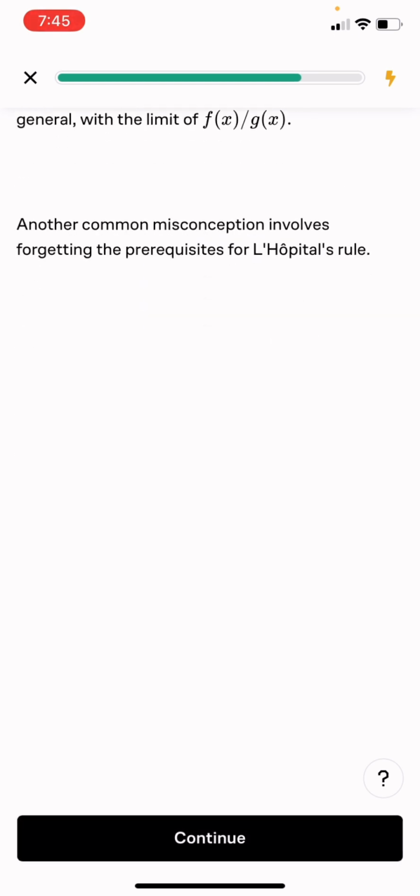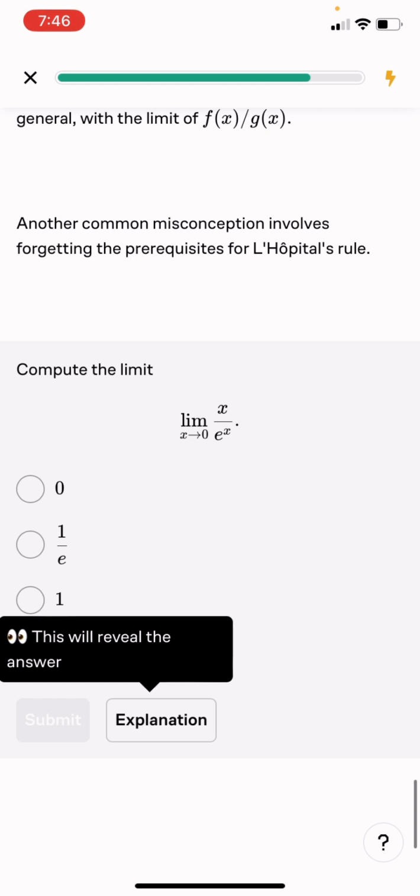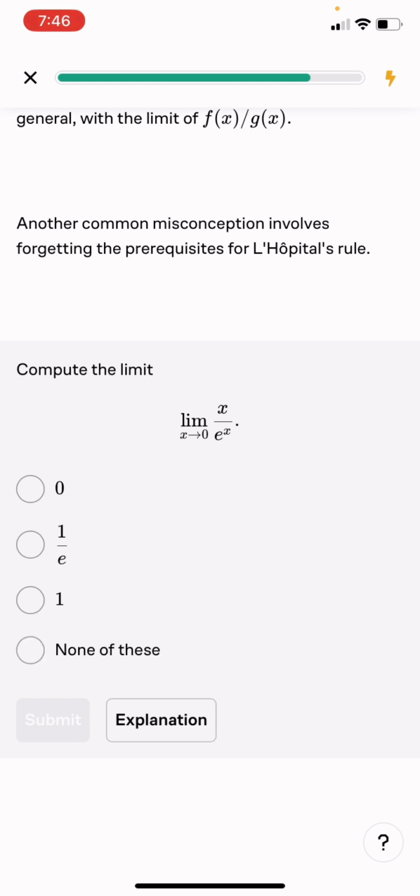Another common misconception involves forgetting the preconditions for L'Hopital's rule. Compute this limit.